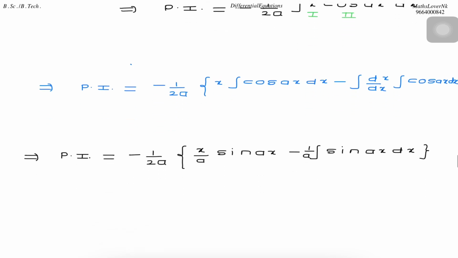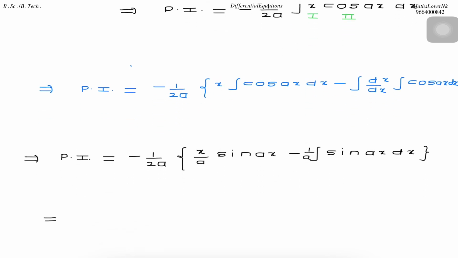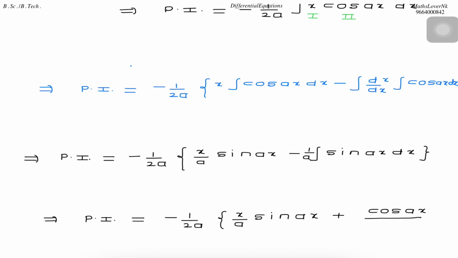When we solve, we get PI = minus 1 upon 2a [x upon a sin ax]. The integration of sin ax is minus cos ax upon a, so plus cos ax upon a into a becomes a².